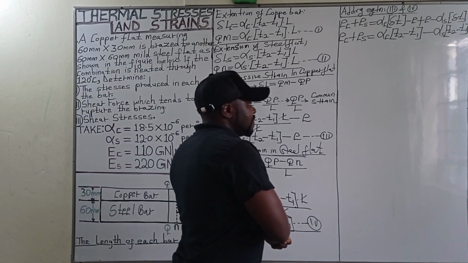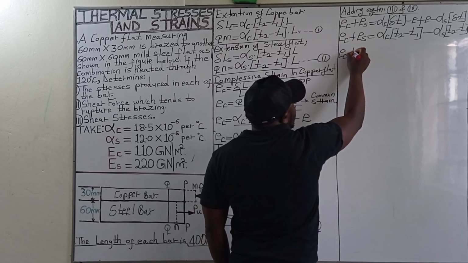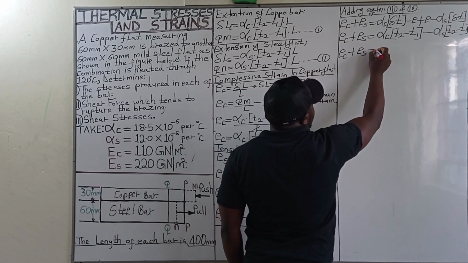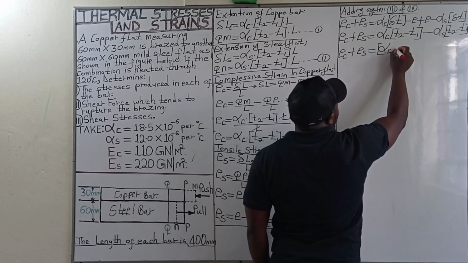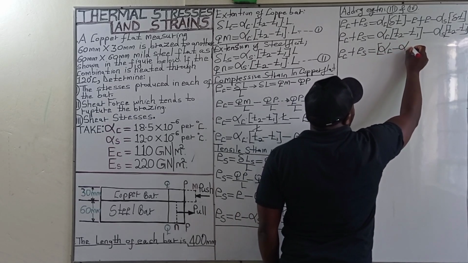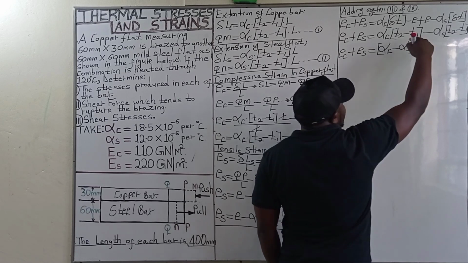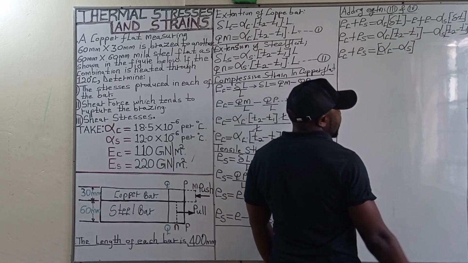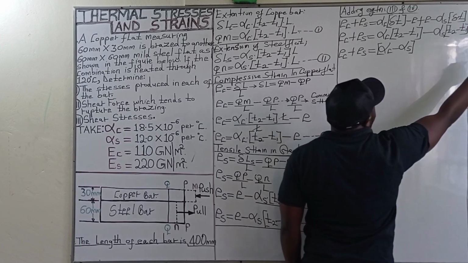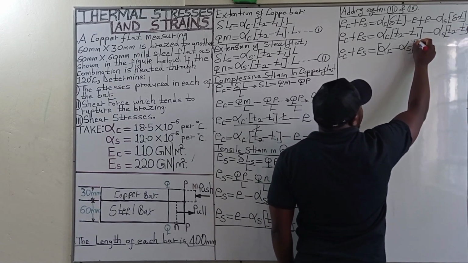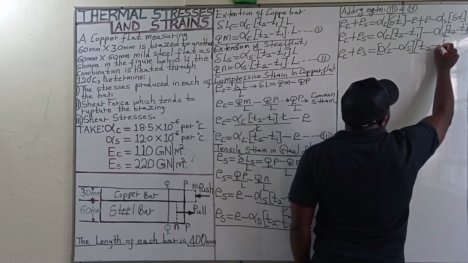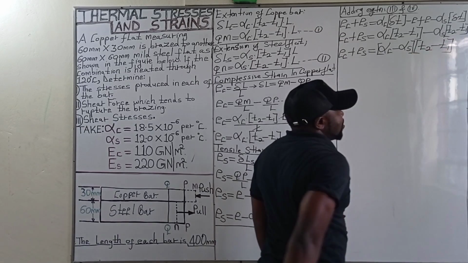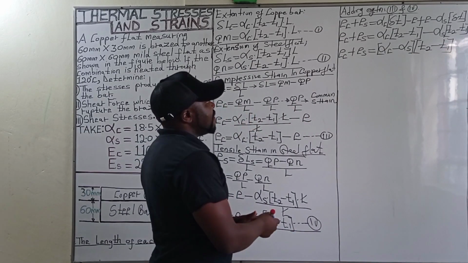And then from there, on this side we have EC plus ES is equals to coefficient of linear expansion of copper minus coefficient of linear expansion of steel, since these two brackets have got common item, that is temperature, into T2 minus T1. So that is what we are going to have.